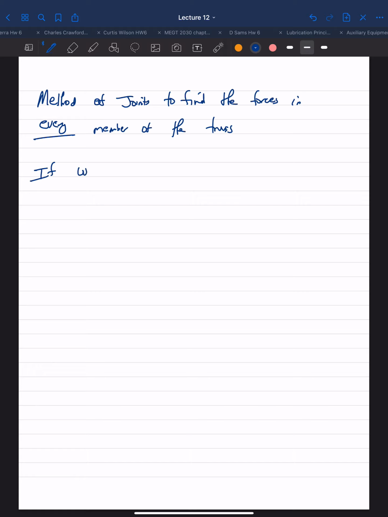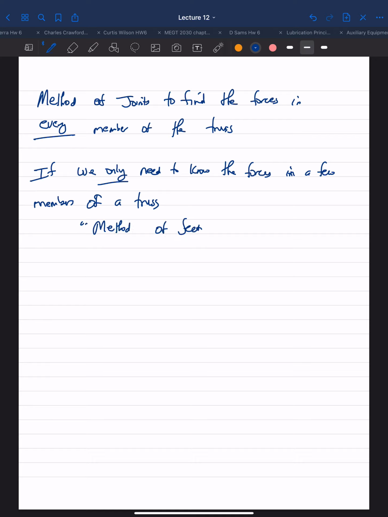If we only need to know the forces in a few members of a truss, you can use method of sections.